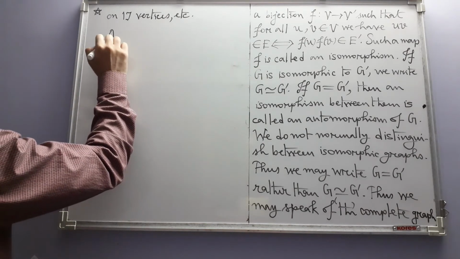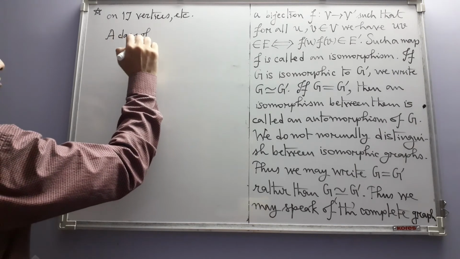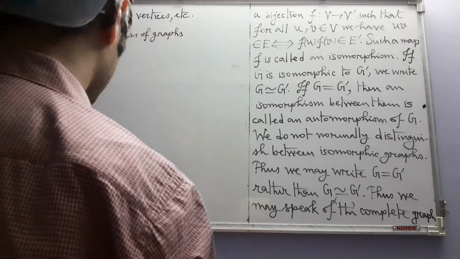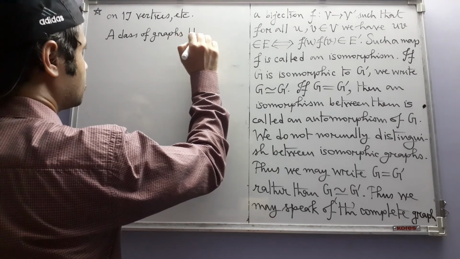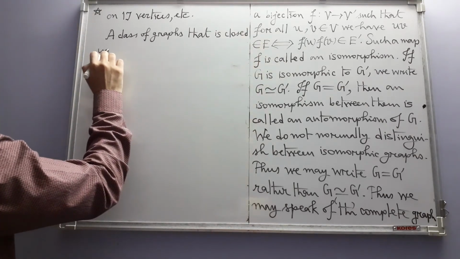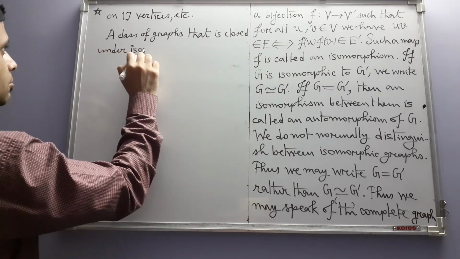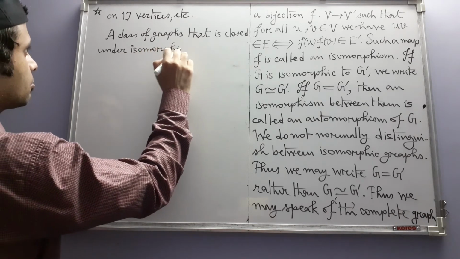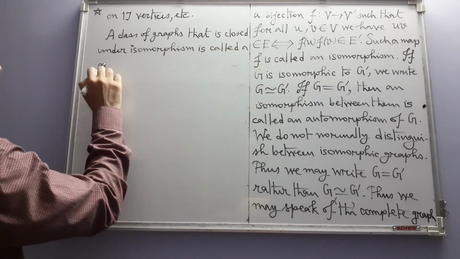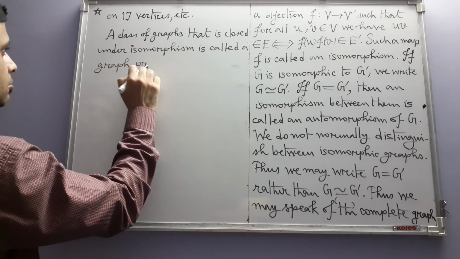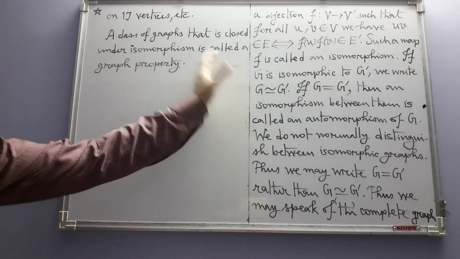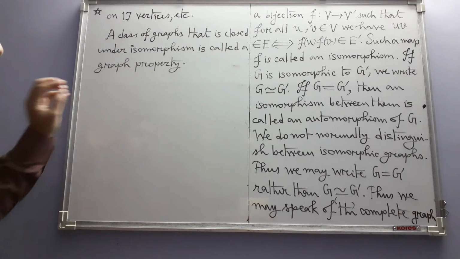A class of graphs that is closed under isomorphism is called a graph property.